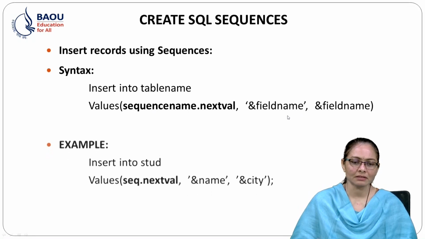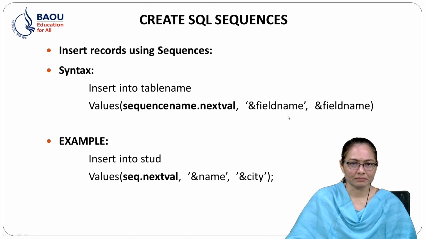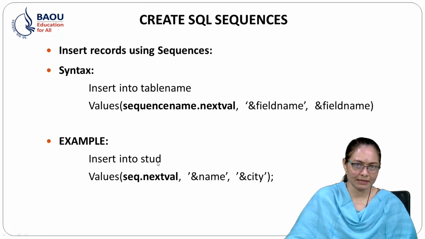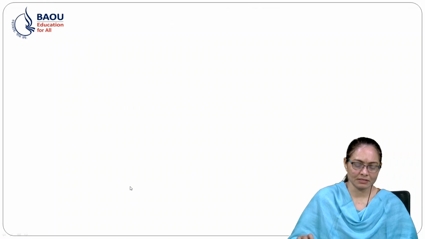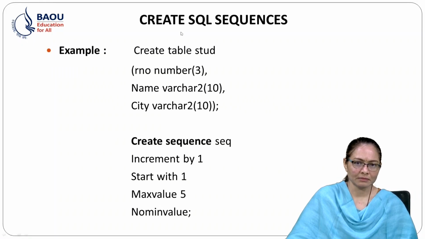See, here is the example. We can easily learn using an example. Insert into student, which is the table name, then values in brackets. See, in the previous example the table is stud and the sequence name is SEQ.